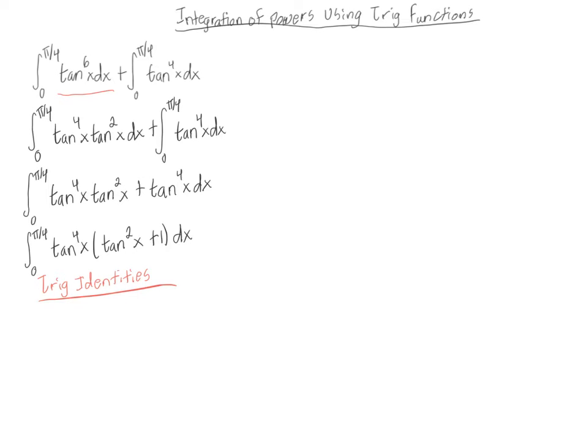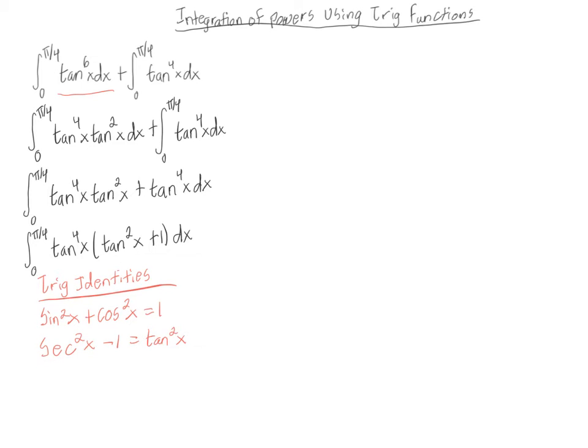You know that sine squared x plus cosine squared x is equal to 1. And you know that secant squared x minus 1 is equal to tangent squared x. So that's what we know so far.